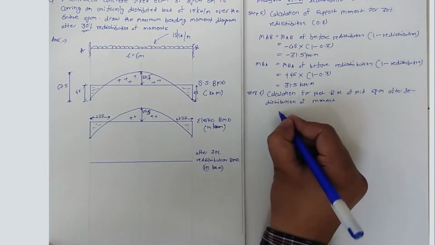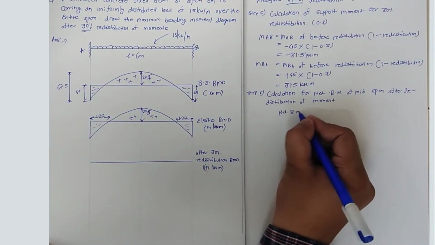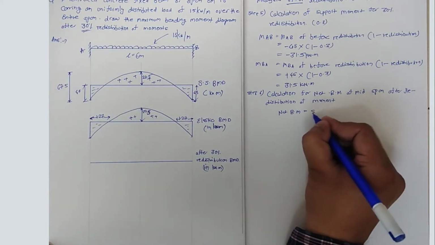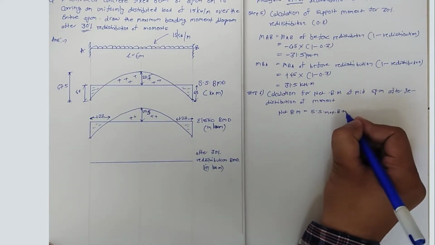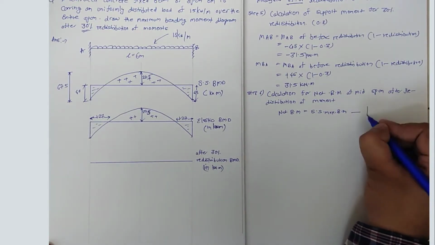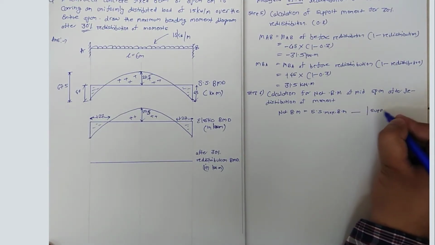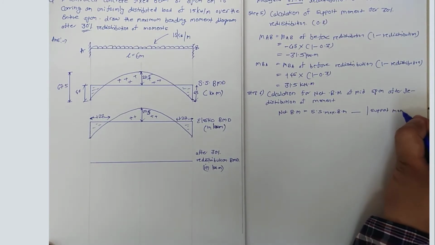Okay, so net bending moment equals simply supported maximum bending moment, minus mod of, in order to avoid negative value, support moment.